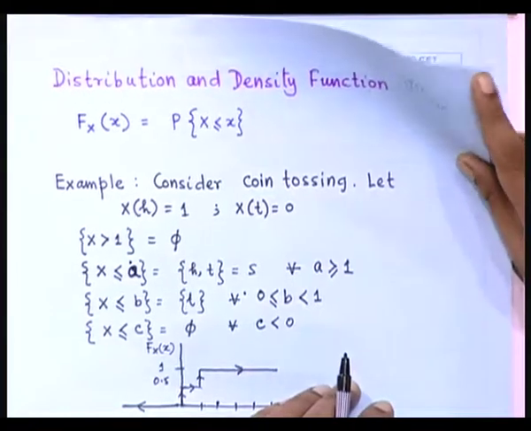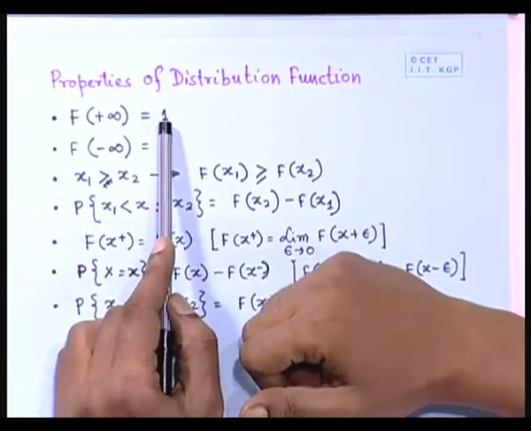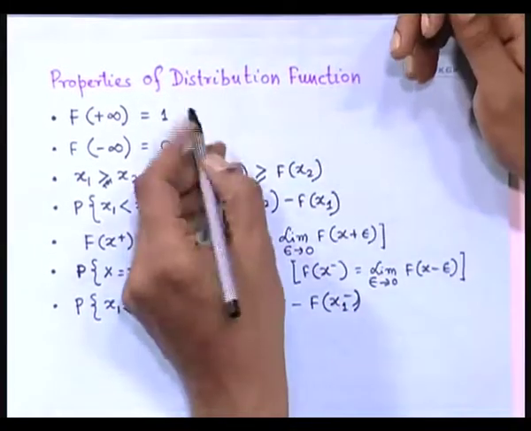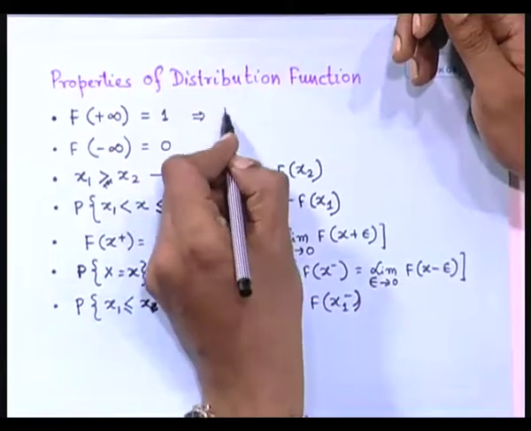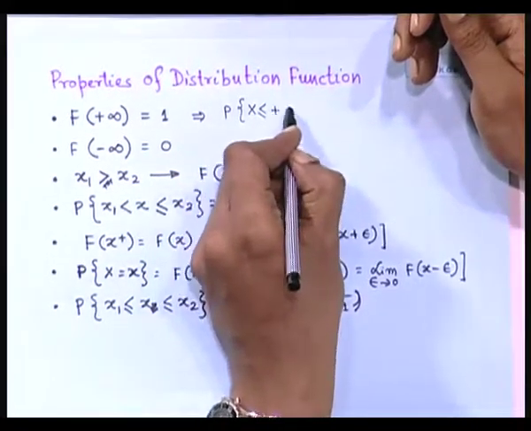Okay. So now, what are the properties of the distribution function? The properties of the distribution function should be, first of all, that f of plus infinity should be 1. This is natural, because what is f of plus infinity? It is the probability that x is less than or equal to plus infinity.